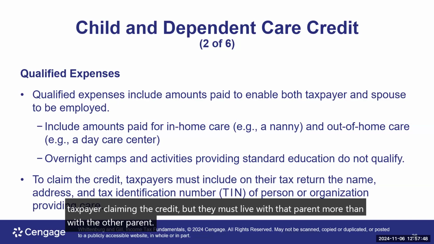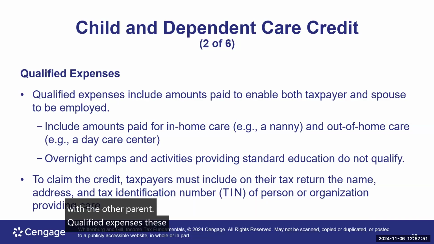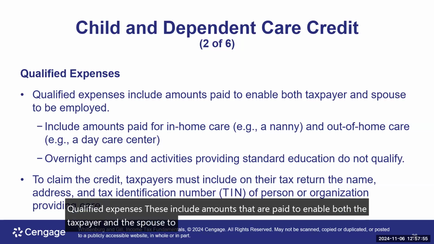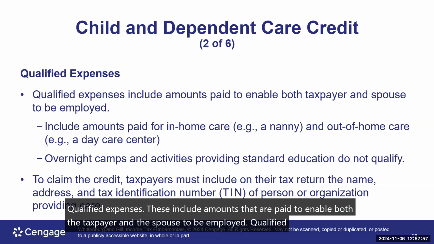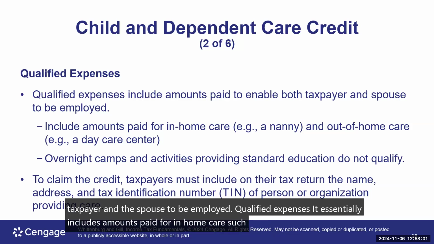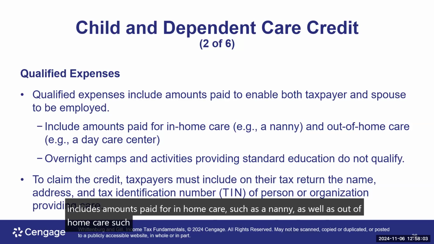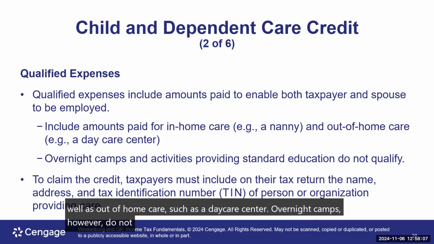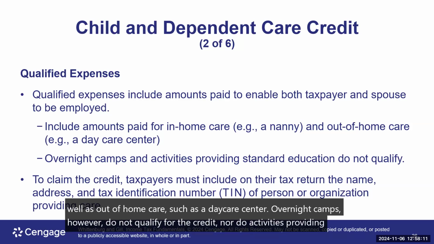Qualified expenses include amounts that are paid to enable both the taxpayer and the spouse to be employed. Qualified expenses essentially include amounts paid for in-home care, such as a nanny, as well as out-of-home care, such as a daycare center. Overnight camps, however, do not qualify for the credit, nor do activities providing standard education such as kindergarten.